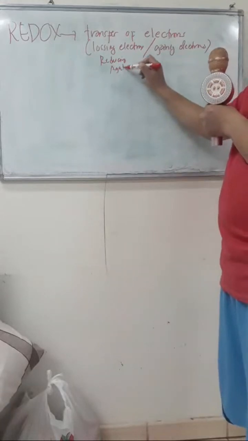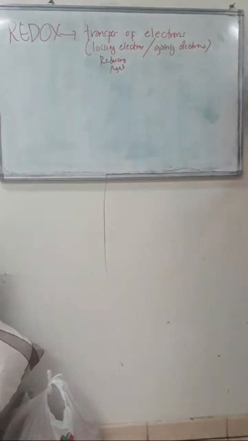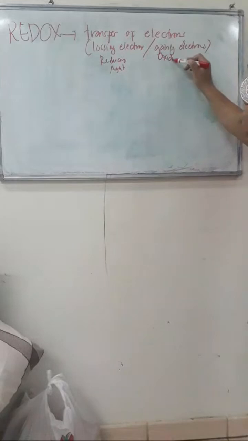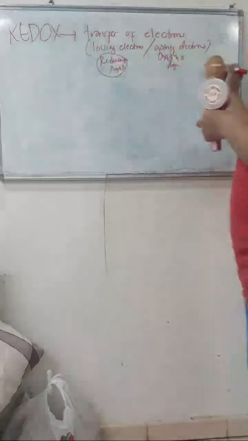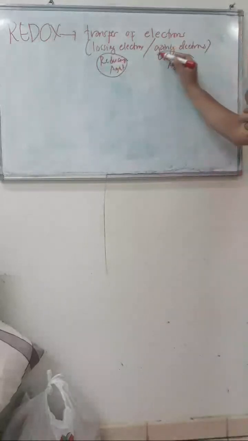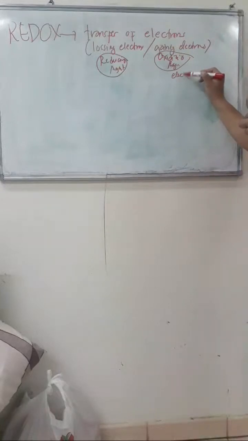Gaining of electrons follows the pattern of reduction, and it's going to be an oxidizing agent. Most of the metals are reducing agents and most of the non-metals are oxidizing agents. So the electronegative elements.